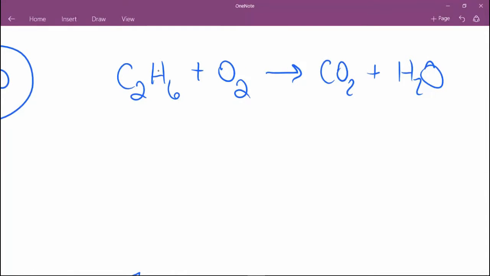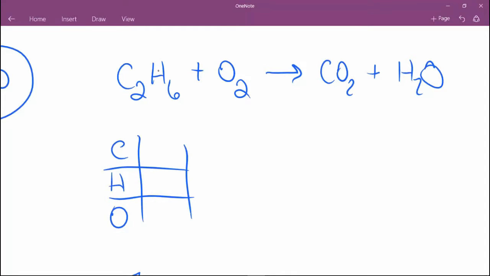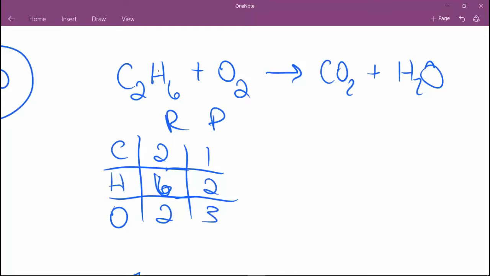Okay, I want to balance this. I have carbon, hydrogen, and oxygen as my elements. I have reactants and products. I have 2 carbons, 6 hydrogens, 2 oxygens. On the other side, I have 1 carbon, 2 hydrogens, and 3 oxygens. Once again, 1, 2, 3. Okay, I want to balance these, so I need to put a 2 in front of the carbon dioxide here.